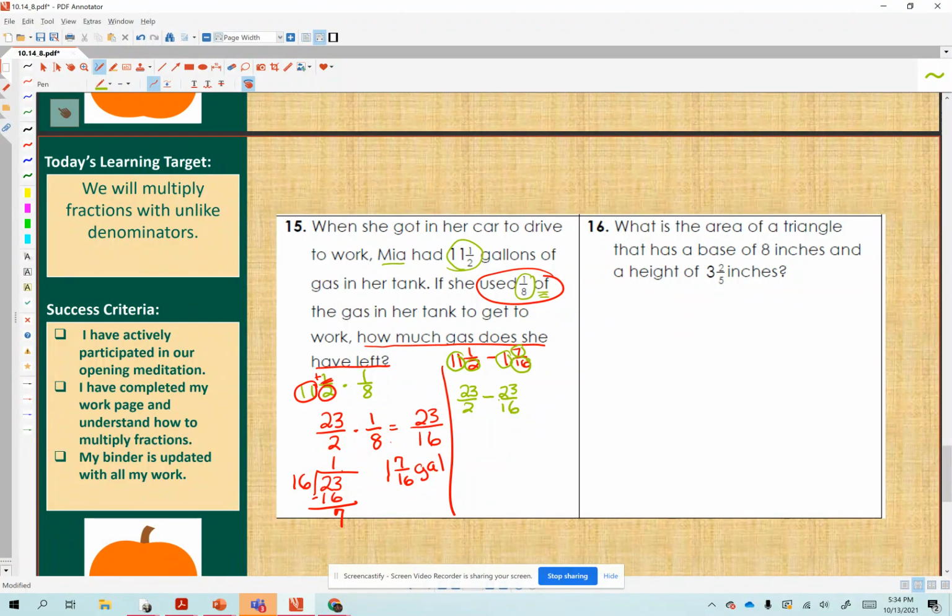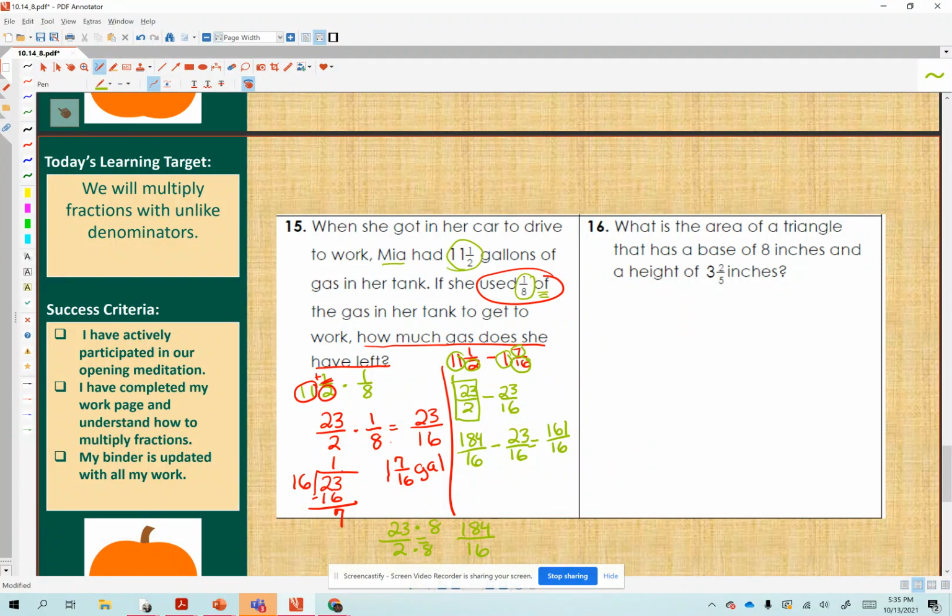Now, we need to convert this fraction to 16ths. So let's work over here. 23 over 2 equals how many 16ths? So 2 times 8 is 16. We'll multiply the numerator by 8. 23 times 8 is 184. So now we have 184 sixteenths minus 23 sixteenths, which gives us 161 sixteenths.